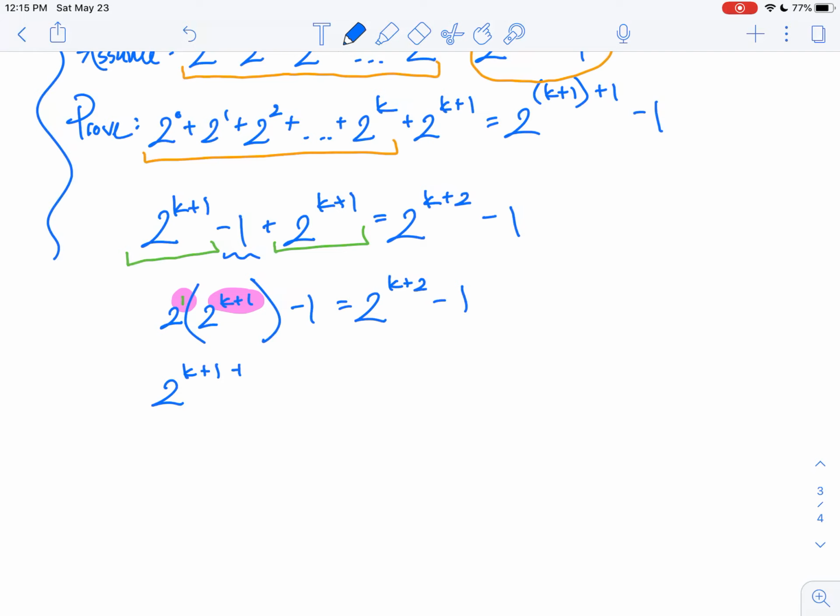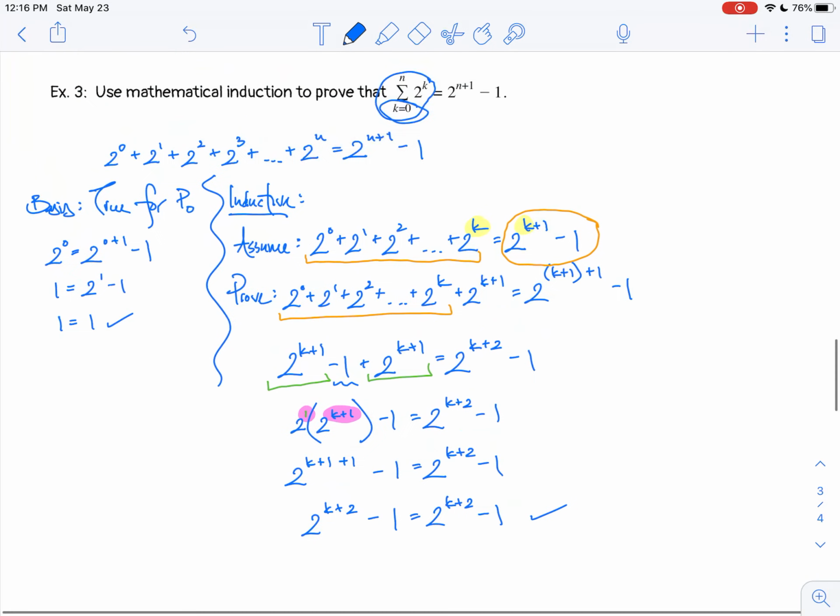So 2 to the k plus 2 minus 1 equals 2 to the k plus 2 minus 1. We have shown by induction that the sum of the powers of 2 equals 2 to the n plus 1 minus 1.